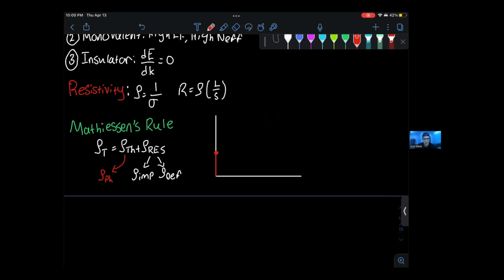So that's going to bring us up at 0 Kelvin. It'll bring us up to this point here. So this is resistivity, and this is temperature. At a very low temperature, our resistivity is kind of flat. It's in the T to the 5 range, right? So very, very low. Now, as T increases, phonon scattering increases, which we'll get to later, but we end up getting a linear model.